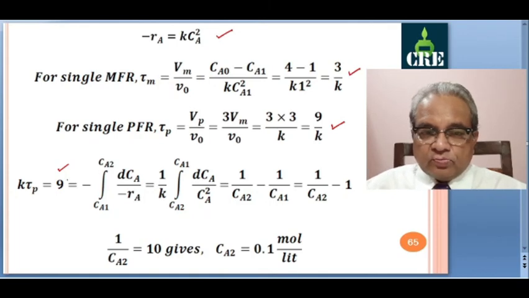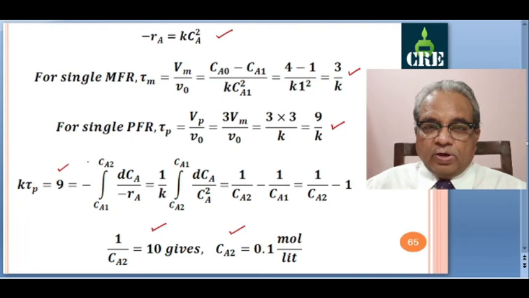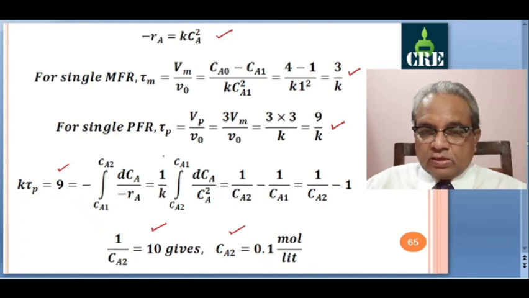So this minus 1. So 1 upon Ca2 is 9 plus 1, that is 10. Finally you get the concentration of the exit stream, Ca2, equal to 0.1 moles per liter.